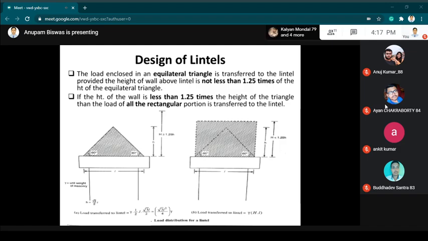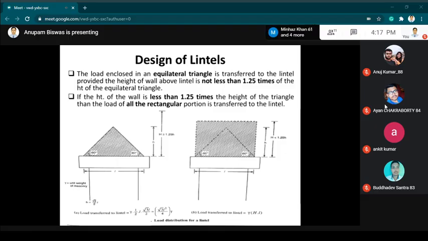So if you draw an equilateral triangle of this length L, meaning the effective span, and you find the height of this equilateral triangle is H, and if the height of the masonry wall that is resting on the lintel is more than 1.25 times the height of the equilateral triangle.